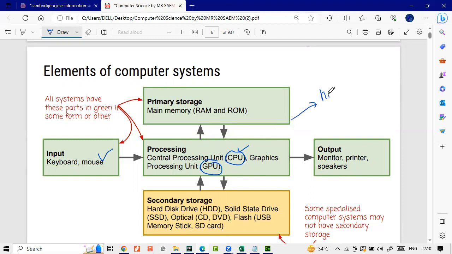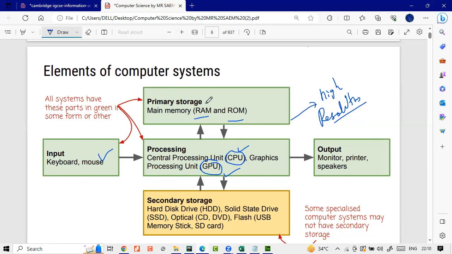Whenever you have high resolution to be worked with, we need more GPU, especially in games. The NVIDIA graphic cards that you have are handled by a GPU. Nowadays when you buy laptop computers, they have to have a good CPU and a good GPU as well.